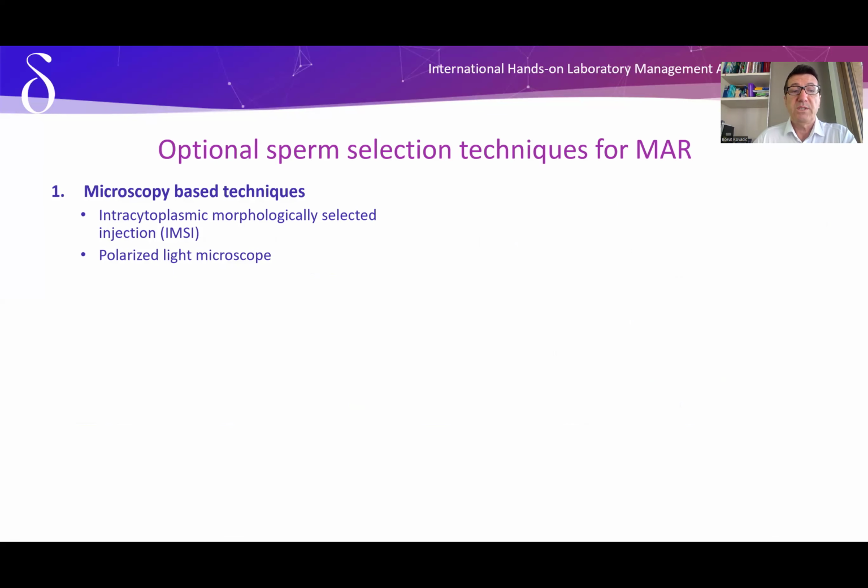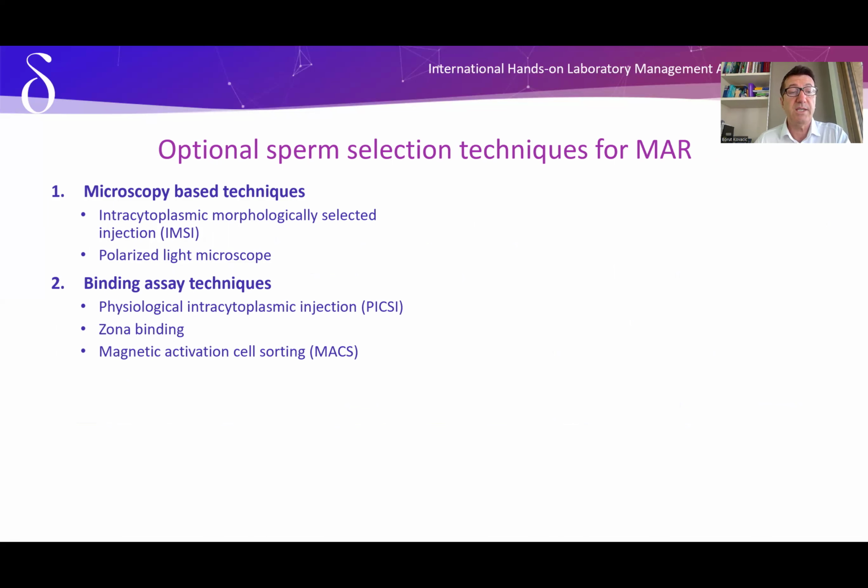So let's see now what the optional sperm selection techniques for MAR are. There are 6 groups. The first one is microscopy-based techniques. I will try to explain all these optional sperm selection techniques that can be found in the literature. The second one is based on the binding characteristics of sperm. There are so-called PICSI, MACS techniques and zona binding techniques.